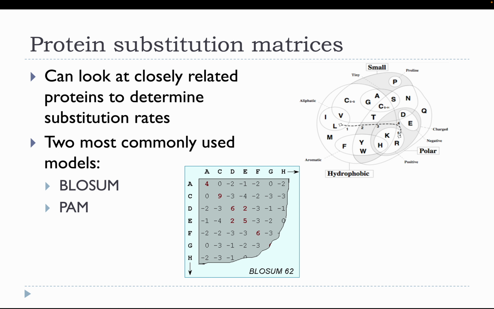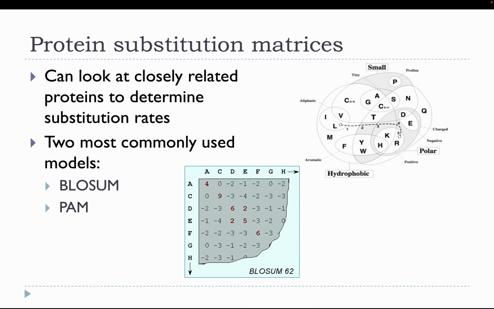You can see that if we take some of those changes there, an E into an E gives us a score of 5, a D into a D gives us a score of 6, but an E into a D actually still is very common because these are functionally equivalent amino acids, aspartate and glutamate.